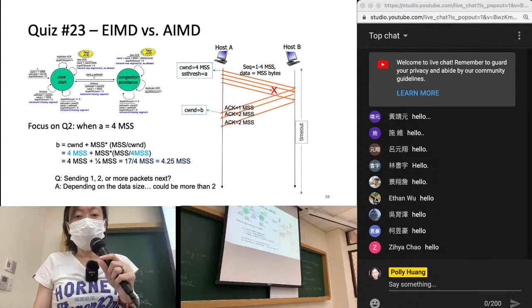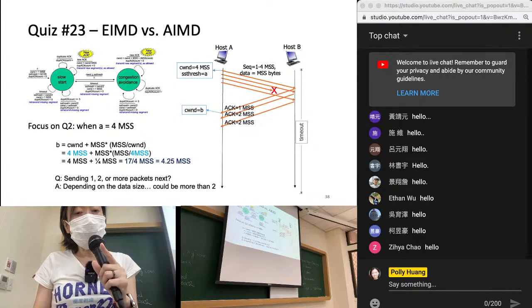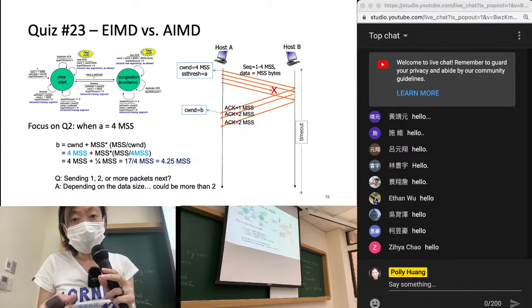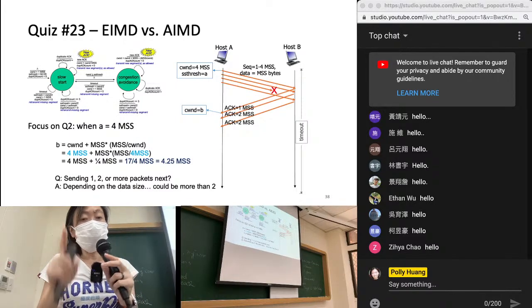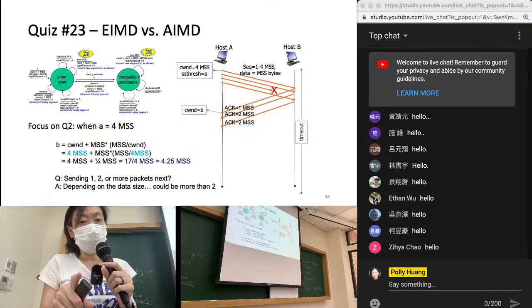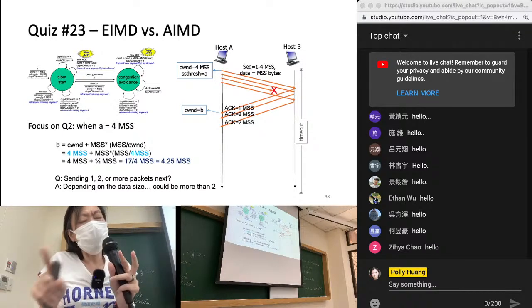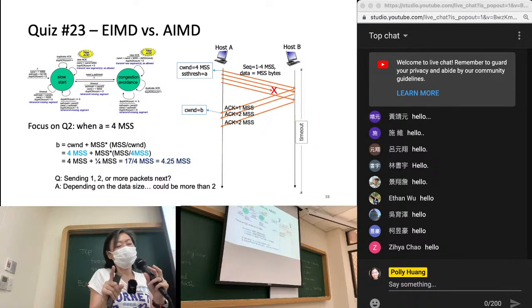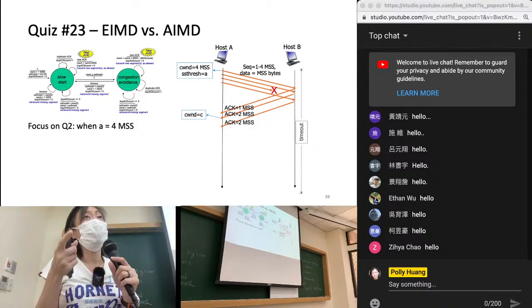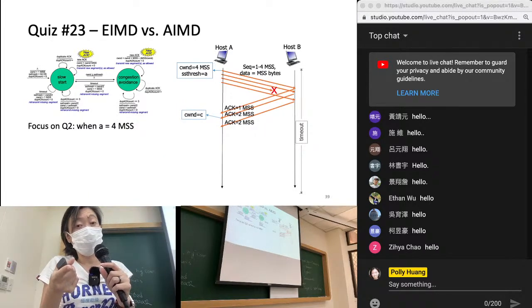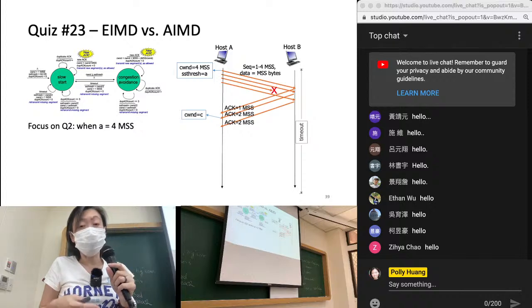Good, so I hope that is clear. By the way, even though at the time we received the first acknowledgement we could calculate the congestion window size to be 4.25, we are not quite sure how many packets we should be sending out. But that doesn't stop us from calculating the congestion window size C, isn't it?